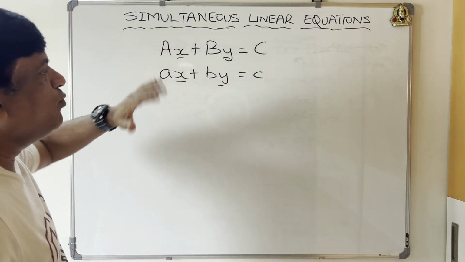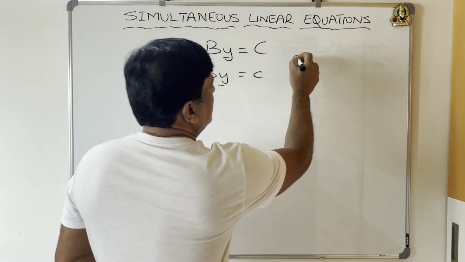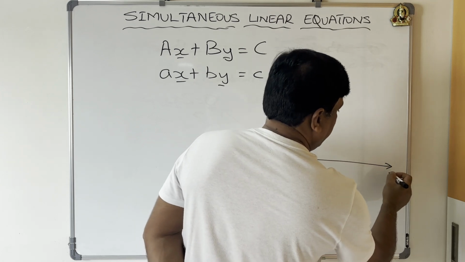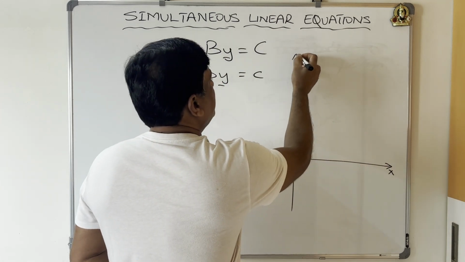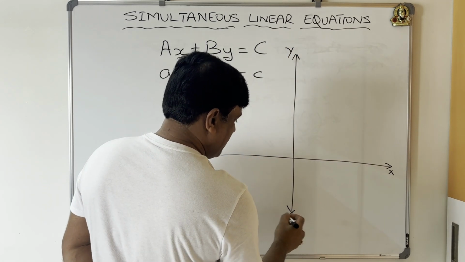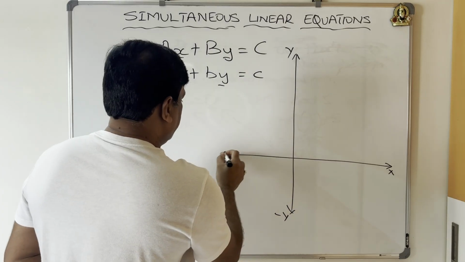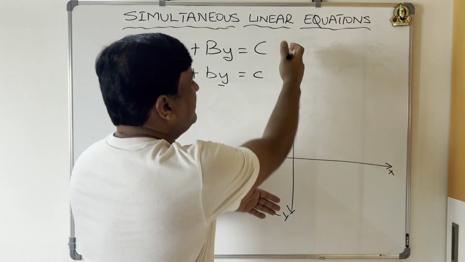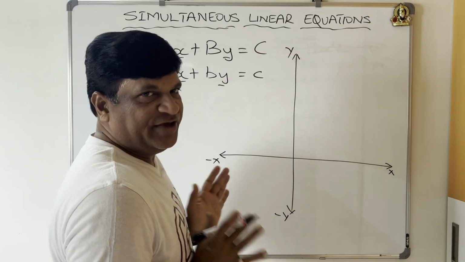Basically, if you want to plot them on a graph paper like this, you have this one called the x-axis and this one will be your y-axis. This one will be minus y here and this one will be minus x. Look at it as two number lines put perpendicular to each other.